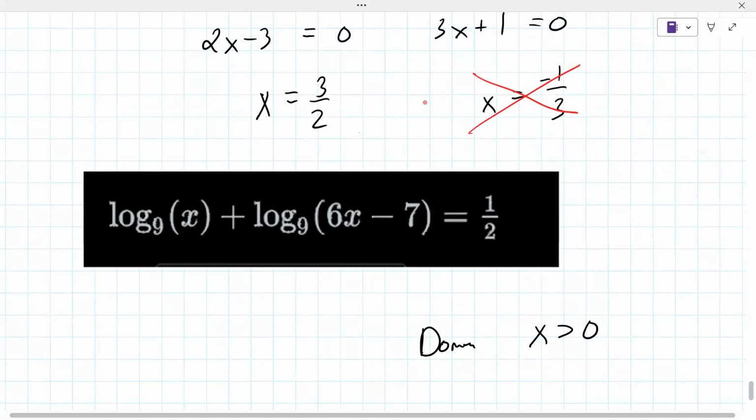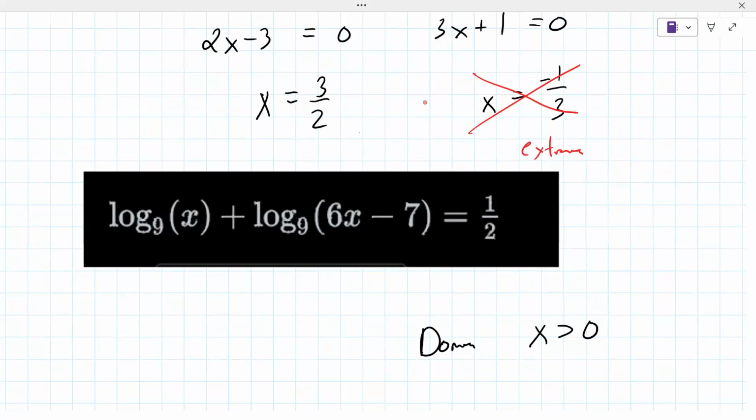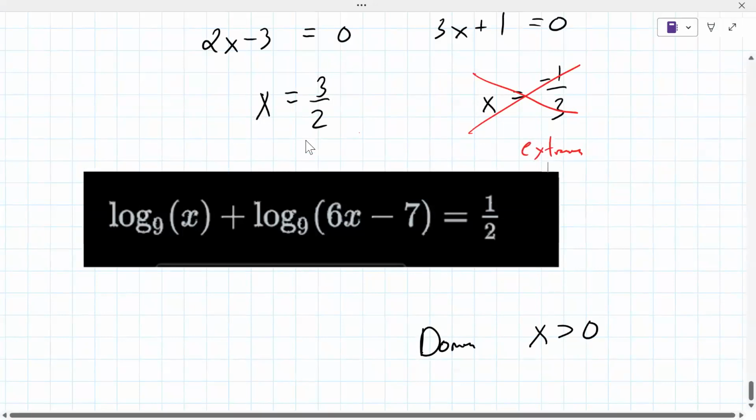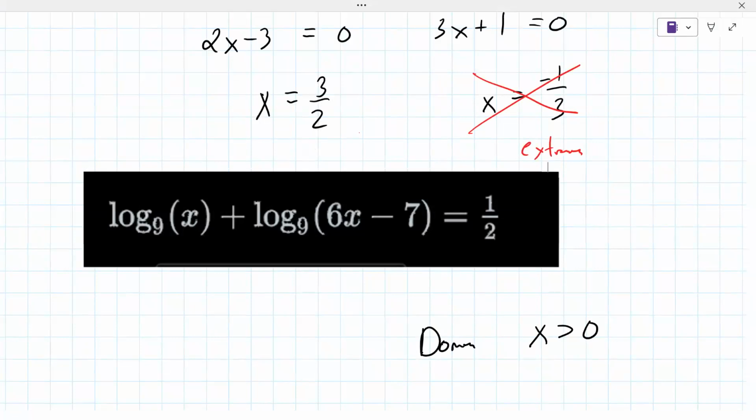So the extraneous solution is the second one. 3/2 is the first one. Is that okay? Yes. Before we move on.